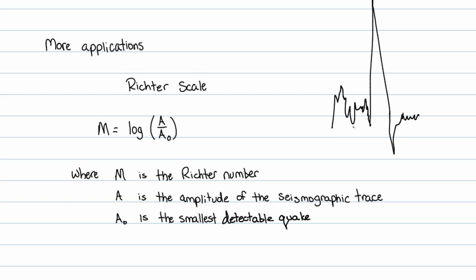It's the seismographic wiggle associated with the smallest detectable quake. Okay? So that's the formula that I'm going to use, but like I said, with everything involving logarithms, there's usually more than one equation, and I've seen 2 or 3 different equations for earthquakes using logarithms.